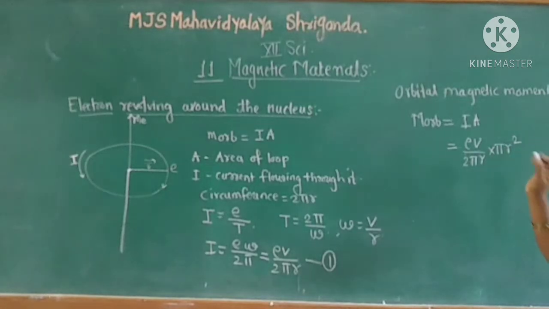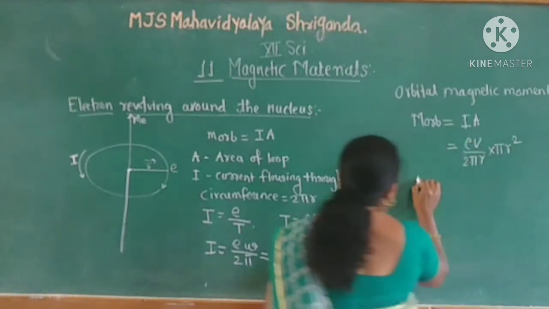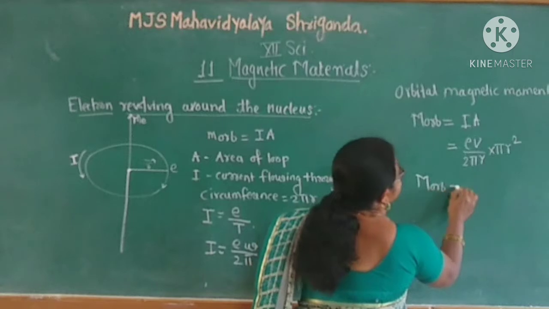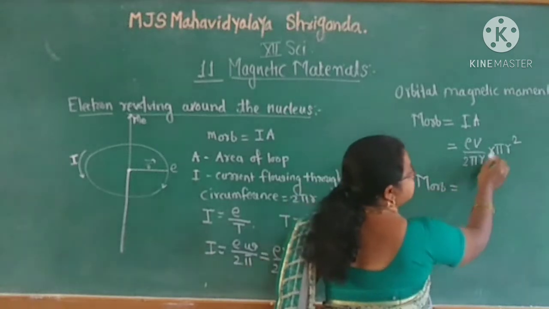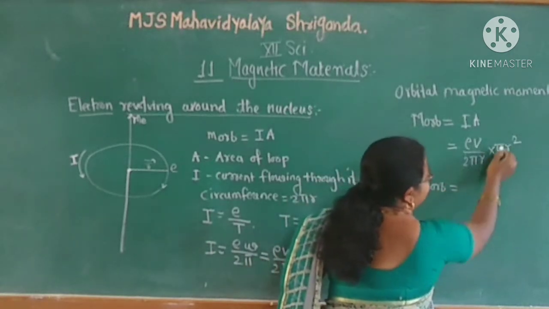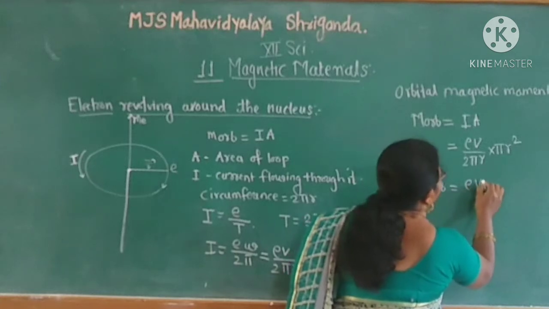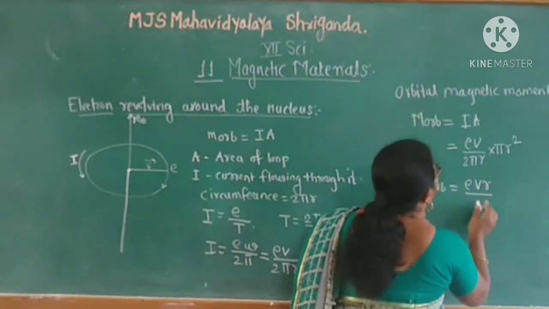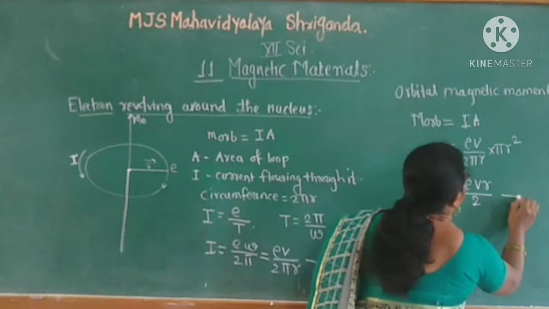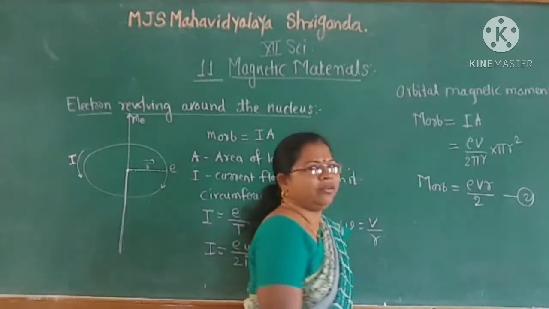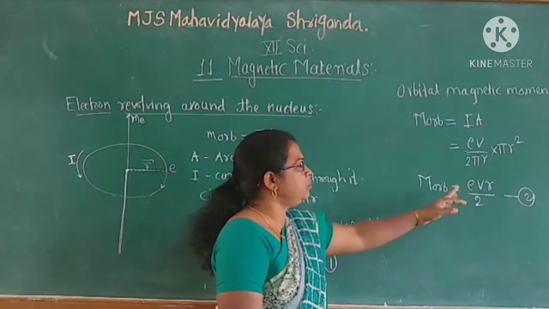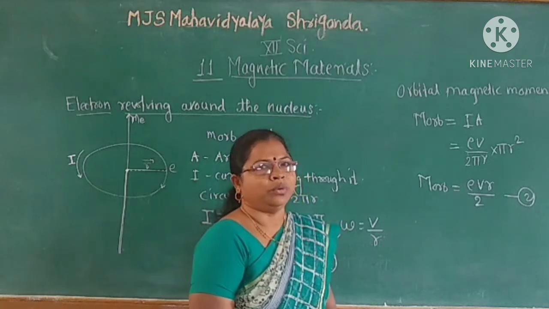Pi R square. Therefore, we got magnetic moment is equal to, since R gets cancelled here, pi gets cancelled, therefore EVR divided by 2. This is equation number 2. We got m orbital is equal to EVR by 2.